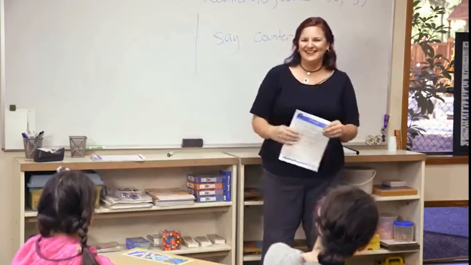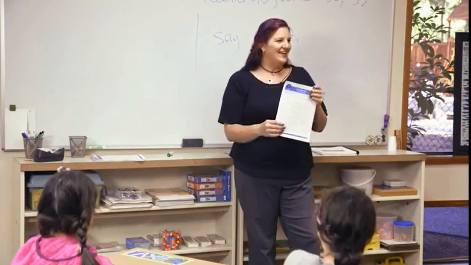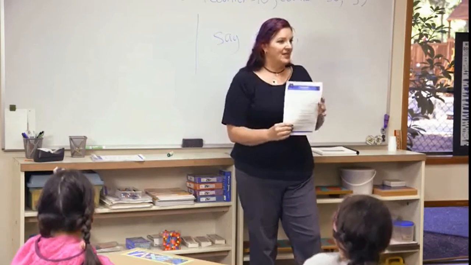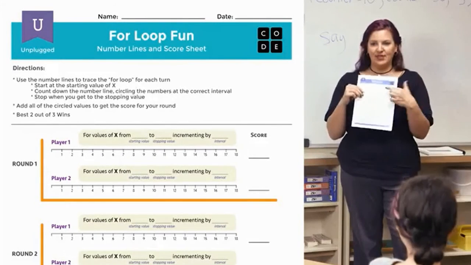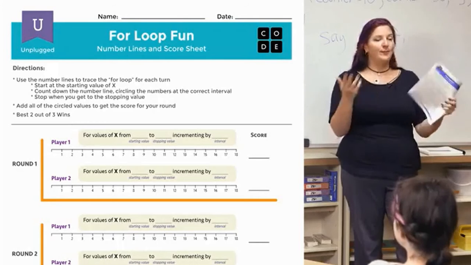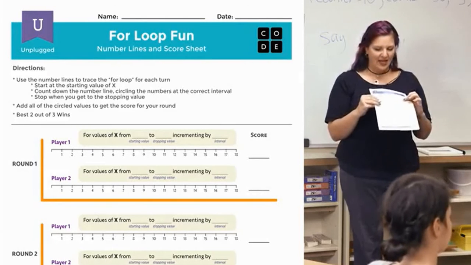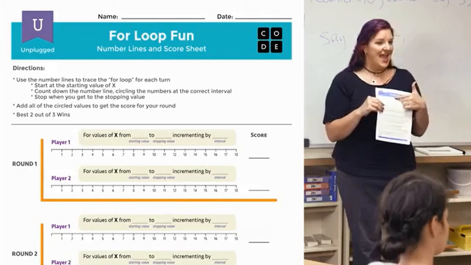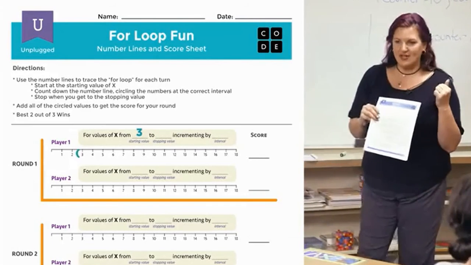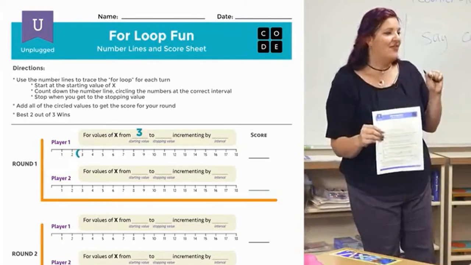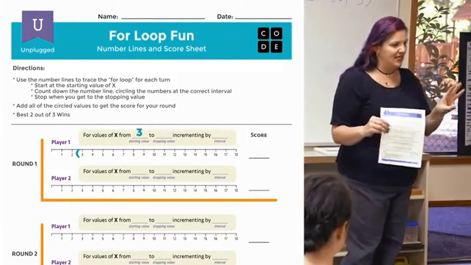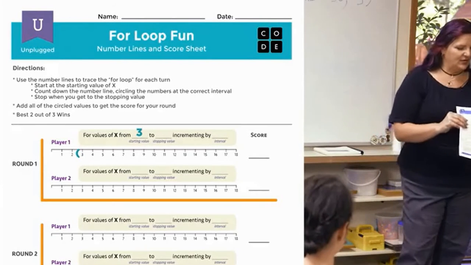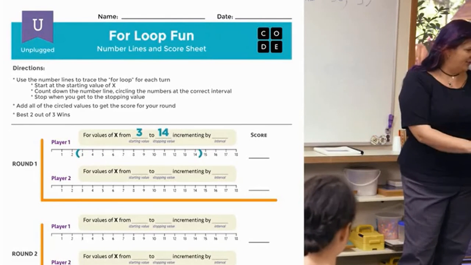Okay, it is a dice game. So you've got this grid that you're going to play with, and you're going to play with a partner. You're going to roll one die, and you're going to find out what your starting number is by the value of the die. And then you're going to roll three dice, or the same die three times, and add them all up, and that's going to be your ending number.